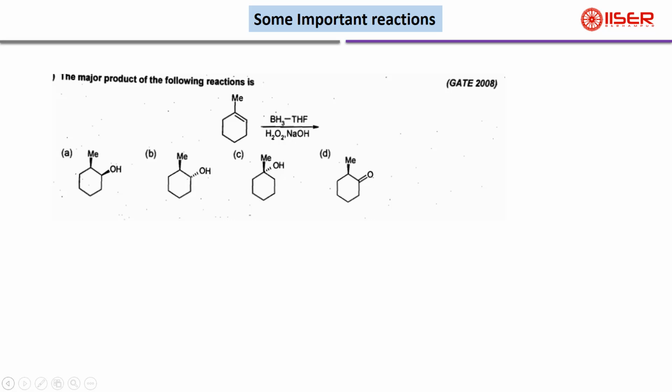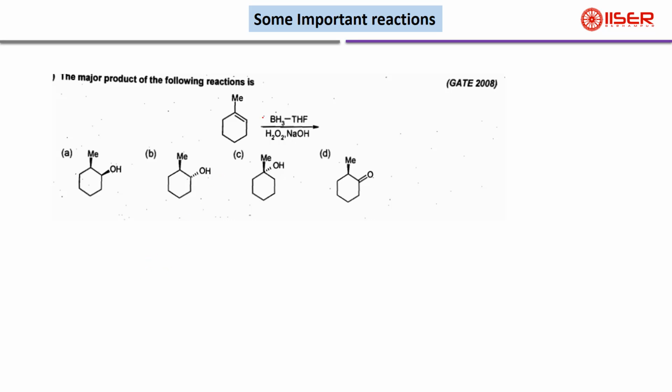So this is based on the hydroboration reaction. We have already discussed the chemistry and the mechanism of this one in the last class. So we will try to solve this one.